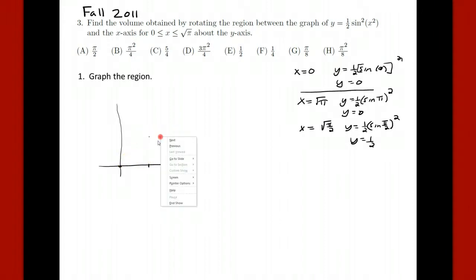Maybe that actually is somewhere over here. And so it should look something like that. The sine squared of x squared with a 1/2 in there. Okay, and we're going to revolve this around the y-axis.